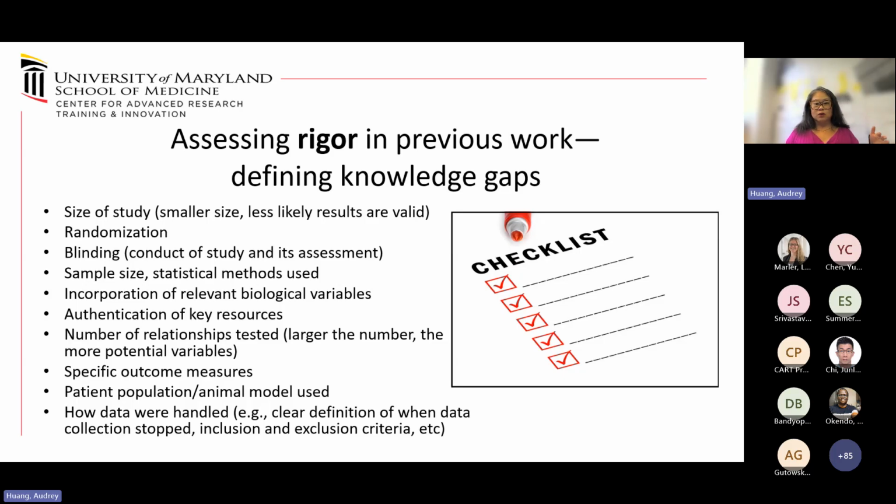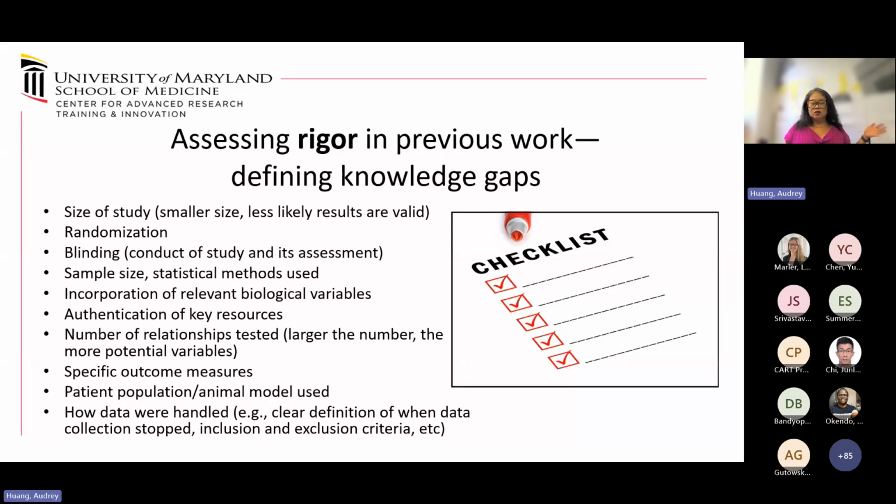Randomization, was there appropriate randomization in clinical studies, for example? Blinding, was there adequate blinding for the assessment to be unbiased? This is talking about clinical work. Sample size, statistical methods, were the statistical methods appropriate for the sample size? Was it powered appropriately?